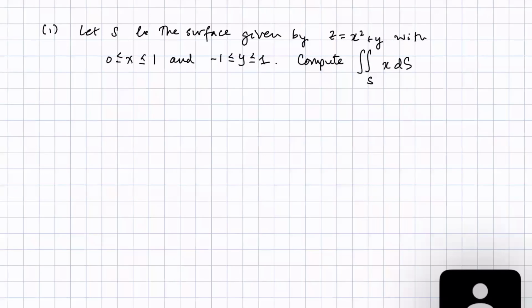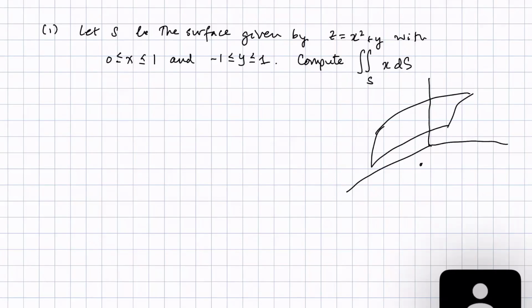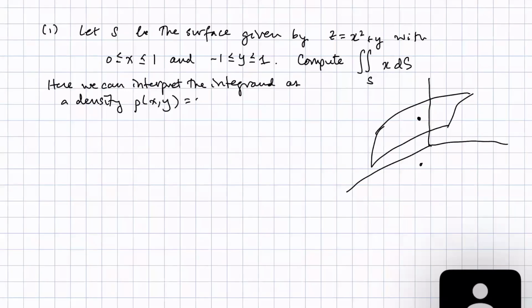Let me just draw something very, very general. If I have a surface, I can think of every point on the surface as having a certain kind of density. So here we can interpret the integrand as a density rho of, say, (x, y), in this case, equal to x.